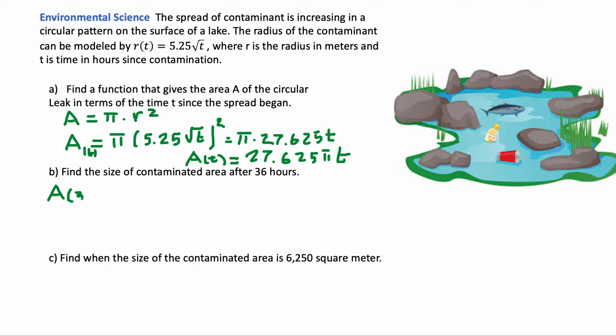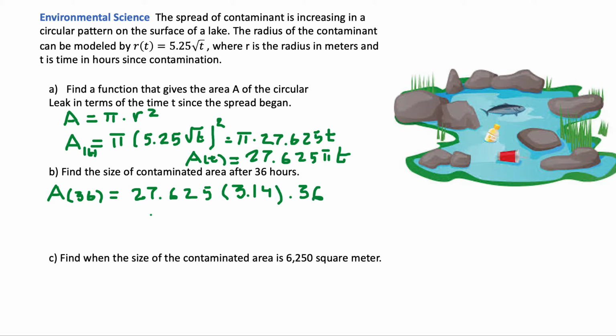Whenever we have a t, we substitute 36. So A of 36 is 27.625 times pi, which is 3.14, times 36 times 36.